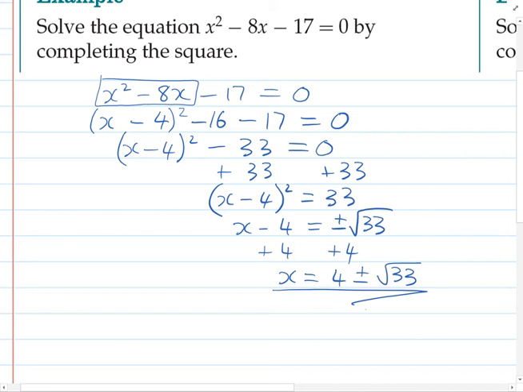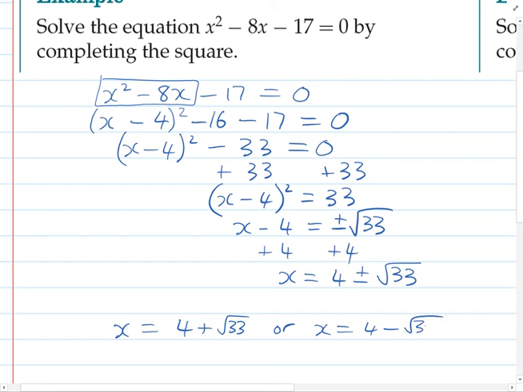Now actually that's our answer, or I should say answers, because we can have x equals 4 plus the square root of 33, or x equals 4 minus the square root of 33. Usually we just leave it like this, but sometimes the question asks for an answer in decimals, and if that's the case you just have to use your calculator.